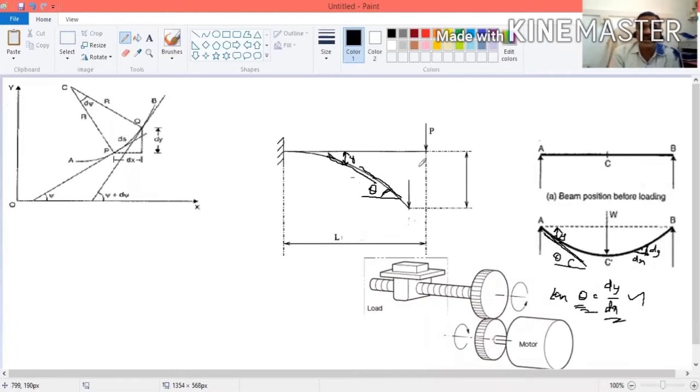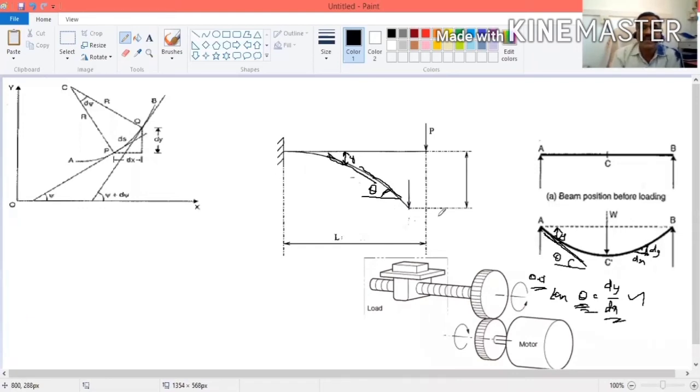For the cantilever beam, the slope and deflection will be very, very small, something like 0.01, in microns, right? Now for this cantilever beam, which part will be subjected to maximum slope and maximum deflection?